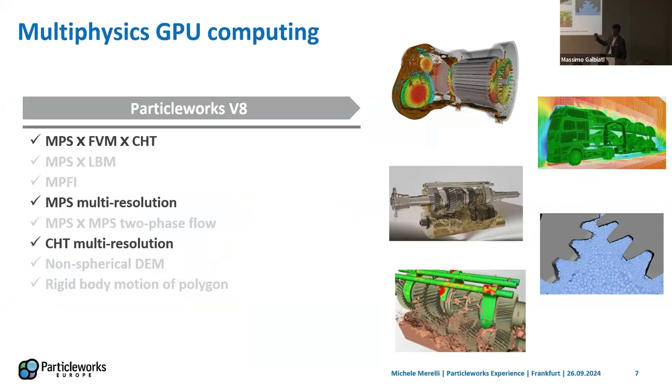The coupling between moving particle, finite volume, and CHT, the thermal solver, both for fluid and solids. The multi-resolution, the possibility to have smaller particle size in some areas, and we will see in this example where we applied it. And the CHT multi-resolution, the ability to control the grid on specific elements of the solid thermal solver.